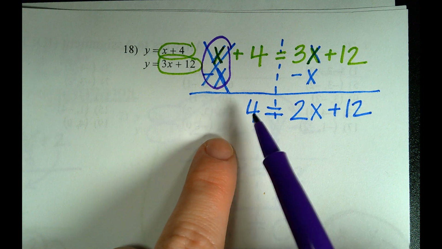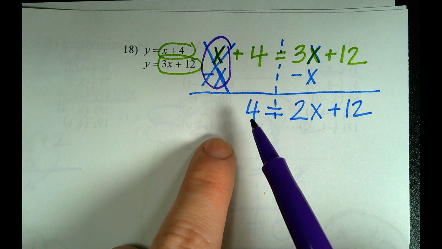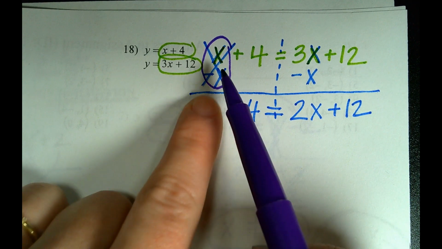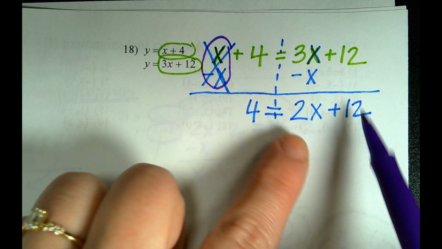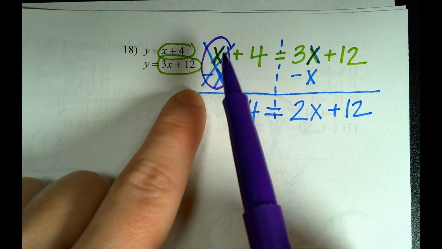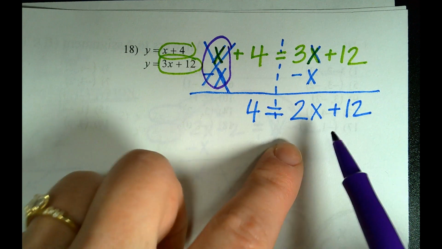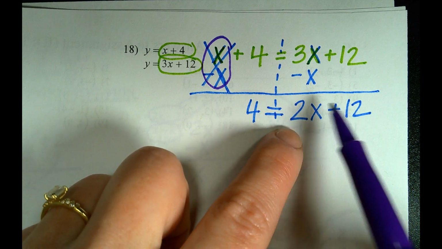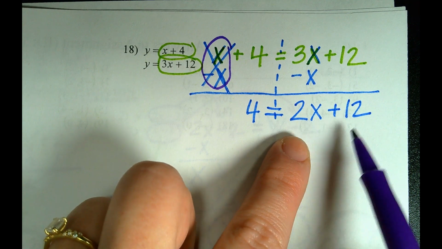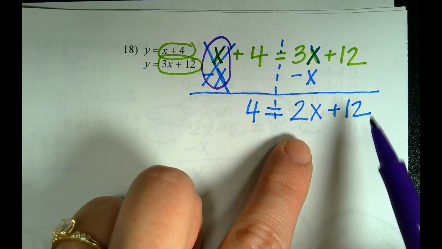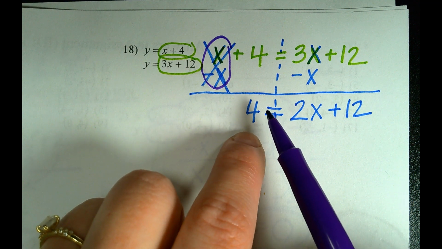If I subtract 4 next, is that helpful? No, this is not helpful. If I started on the left side, sometimes it's really helpful to make sure that we're switching sides as we go. I got rid of an x and I only have 4 left over here. We want to take away from the side that has more stuff going on. I have 2x plus 12 over here. I have a lot that I can get rid of. Over here, I have 4 all by itself. We're not going to take away 4.